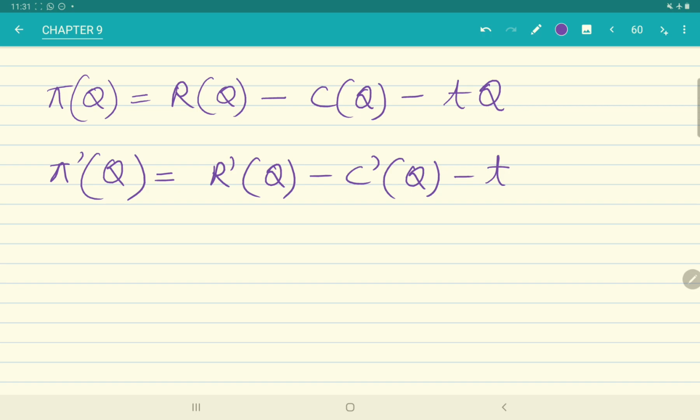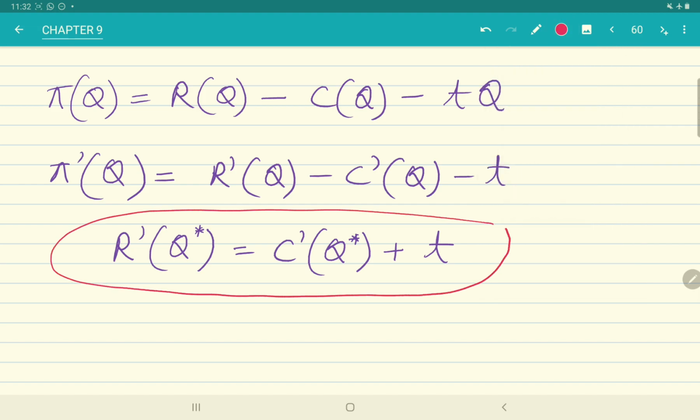And that means the condition for maximum profit, this first derivative has to be 0, is r prime q star equal to c prime q star plus t. So this is the condition for maximum profit if you also have a tax of $t per unit being imposed on the production of the commodity.